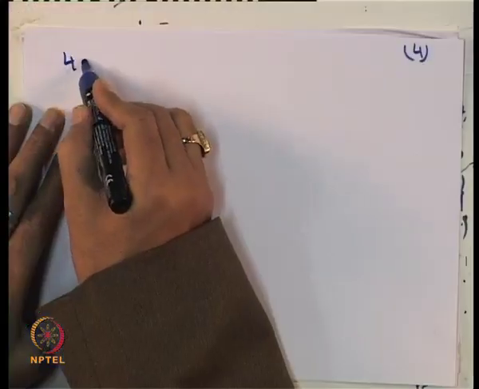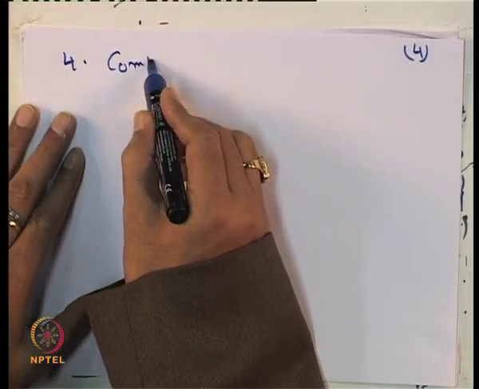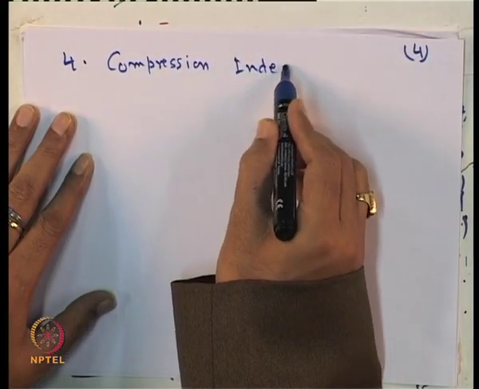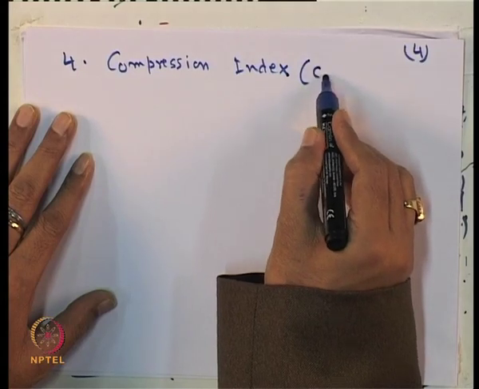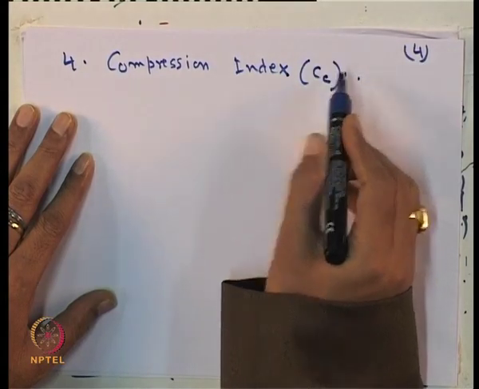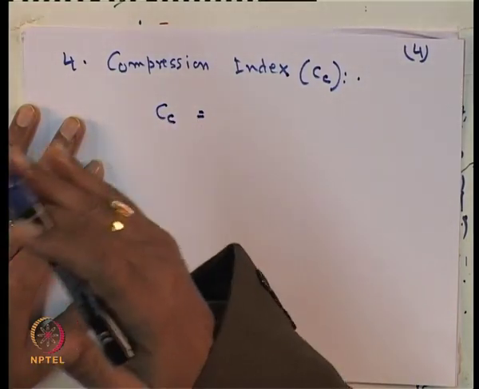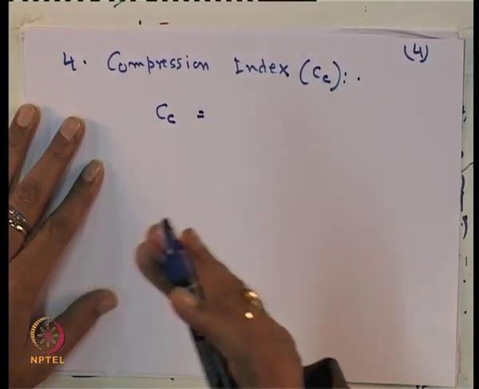Next is the compression index, and that is designated as Cc. So, this Cc is the slope of the linear portion of the e-log sigma dash curve, and it is a dimensionless factor.